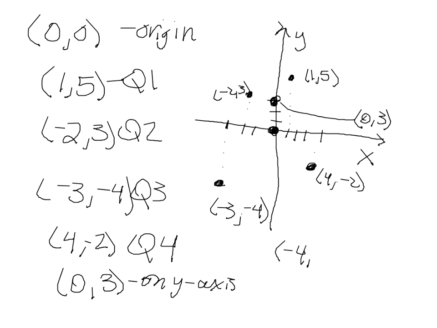I could have minus 4, 0, and I'm going to start at the origin and move 4 places to the left, and then 0 units up or down. And this one's on the x-axis. All right.